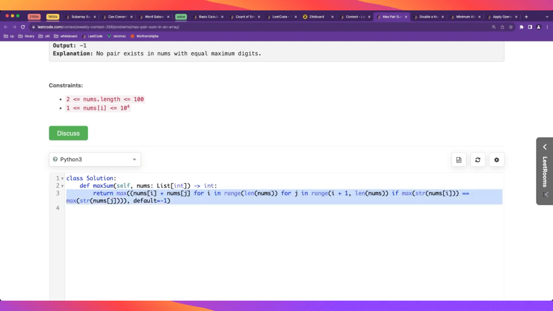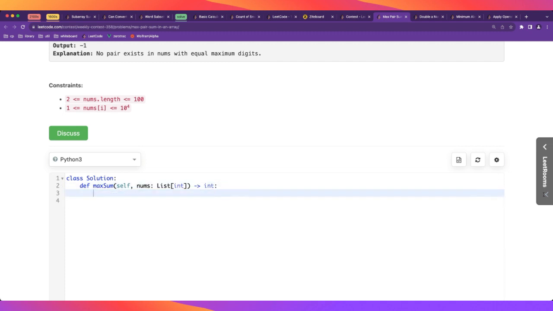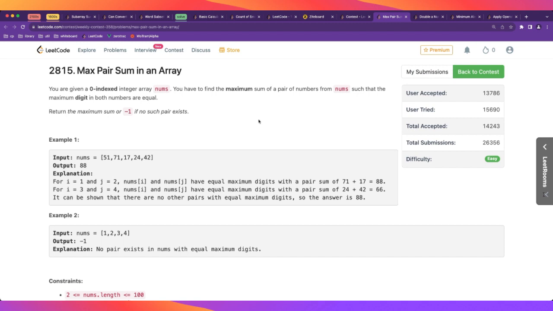We know that the only pairs that count are the ones that have the same maximum digit. That means that we can partition the elements of the array by their max digit, by this key. And we only need to consider pairs within the same class, the same part in this partition. So we can start by doing that.